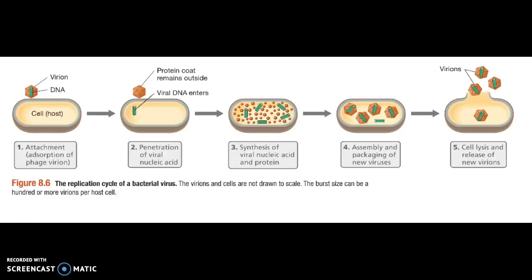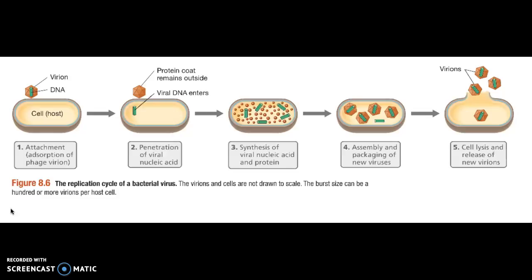Okay, so in review, a virus is an obligate intracellular parasite that requires a suitable host for replication. A viron is the extracellular form of a virus and contains either an RNA or DNA genome inside of a protein shell.